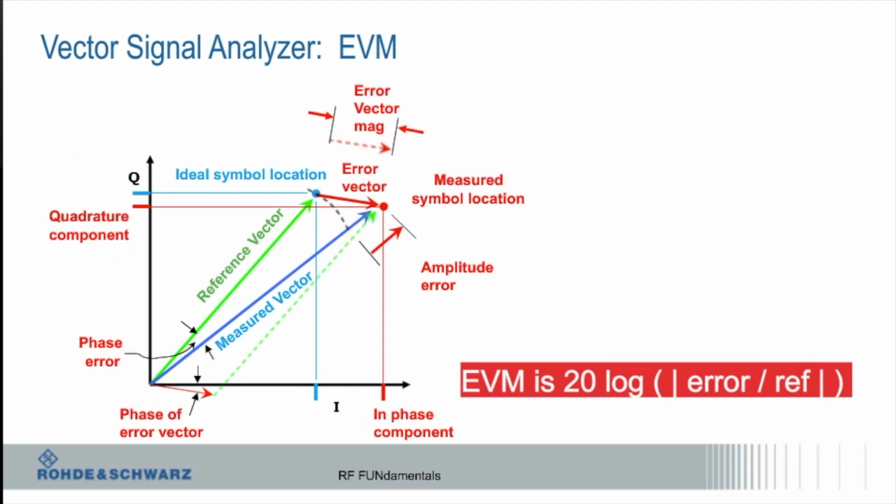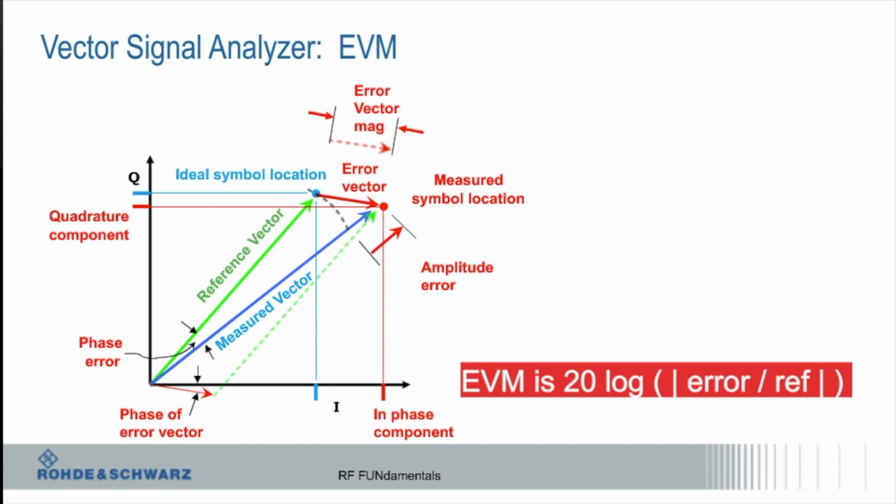Okay, now we're going to get even crazier diagram. So there's the reference vector. Okay, that's the ideal vector. We have the measured vector. Okay, so that's the actual constellation point that I measured.